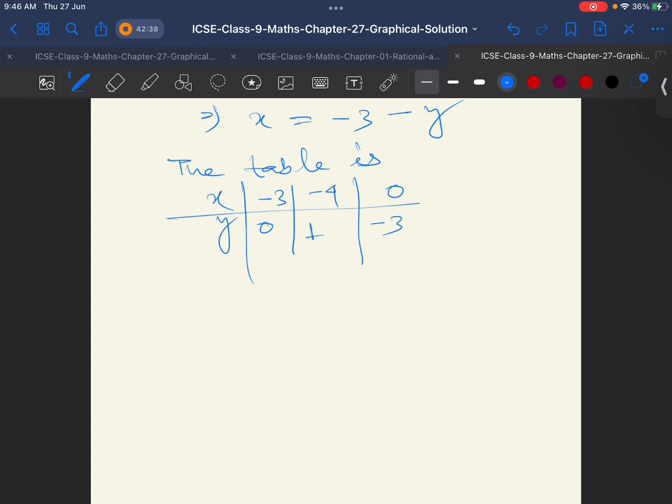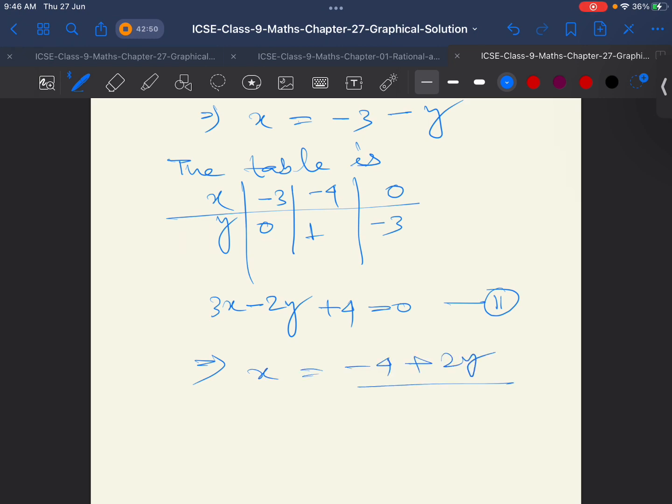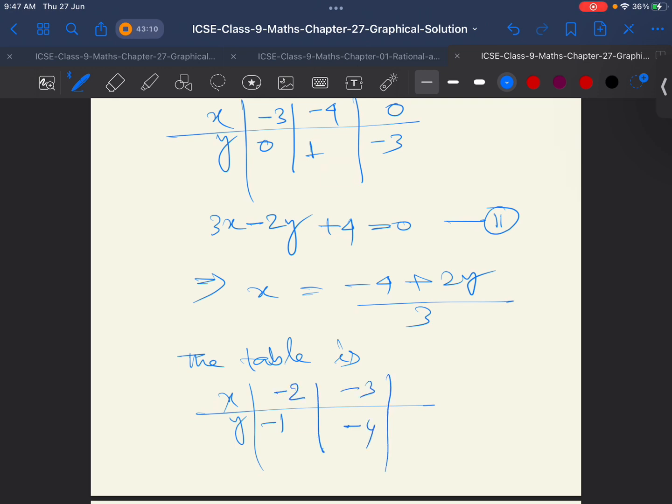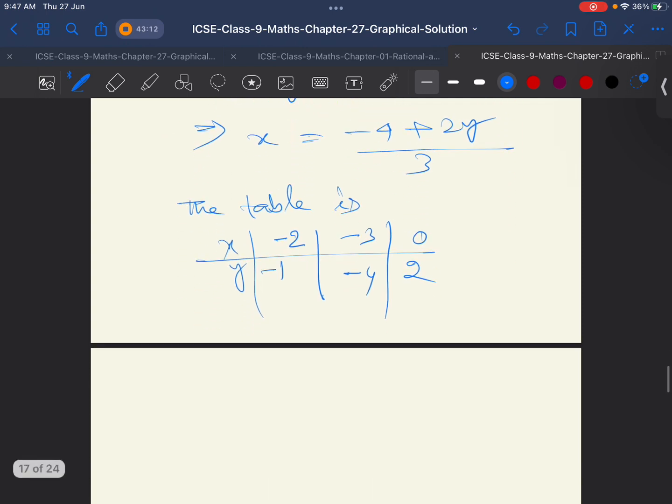And the second equation is 3x - 2y + 4 = 0, which implies x = (-4 + 2y)/3. The table is: if y = -1, then x = -2; y = -4, x = -3; y = 2, x = 0.